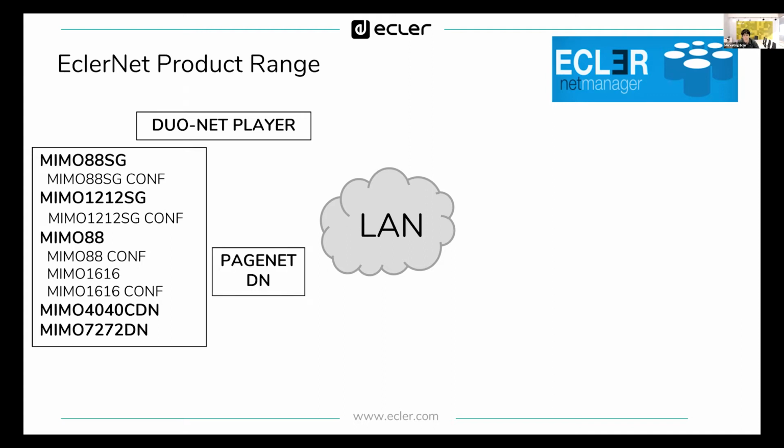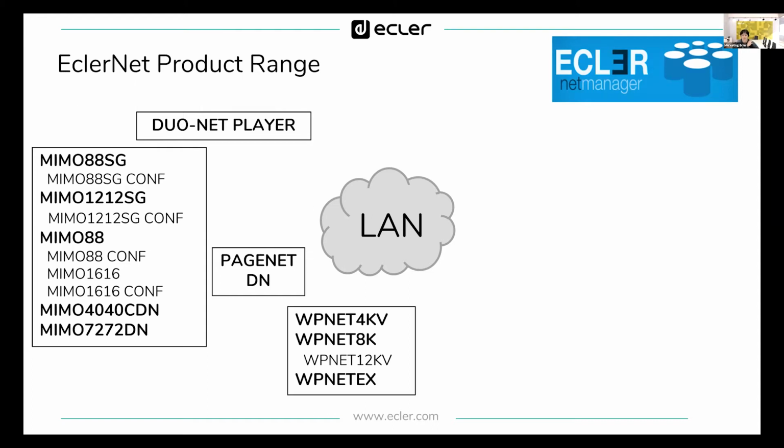This is a brief introduction, just to know everything. We have PageNet, which is our microphone for paging purposes. We have the digital remotes, which are connected directly to the network.